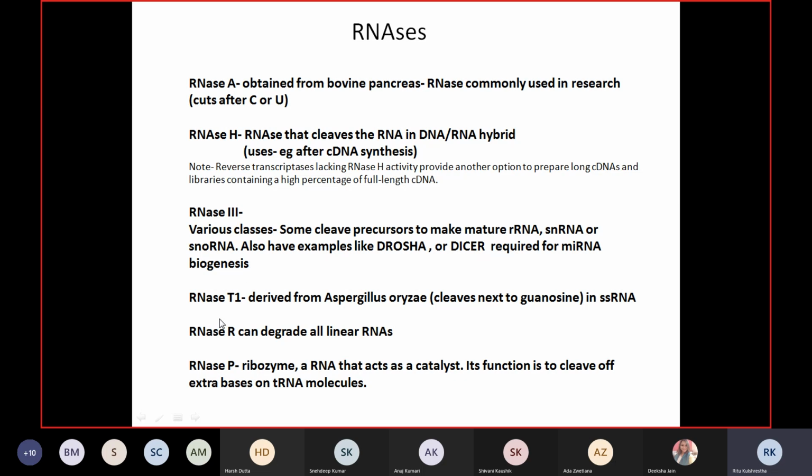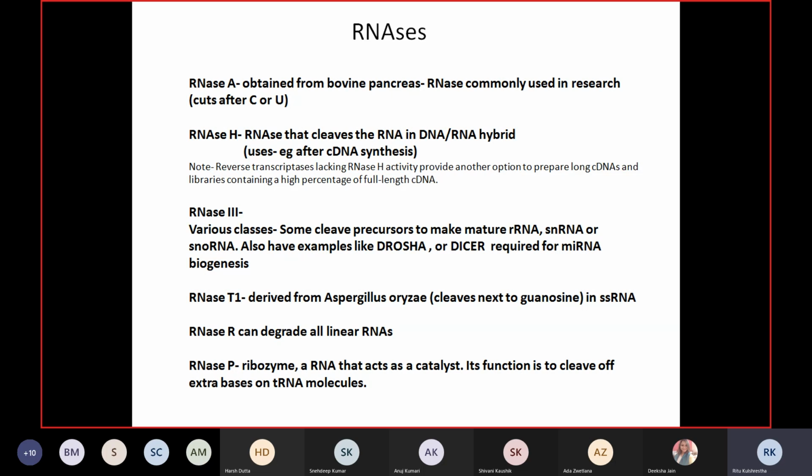Then RNase R, a very important enzyme for those labs which are working on circular RNAs. I don't know whether you know or not, but there is a new class of RNAs that have been discovered, which are circular in nature. So they are called circular RNA, and because they don't have ends, they are considered much more stable than, let's say, other forms of RNA.